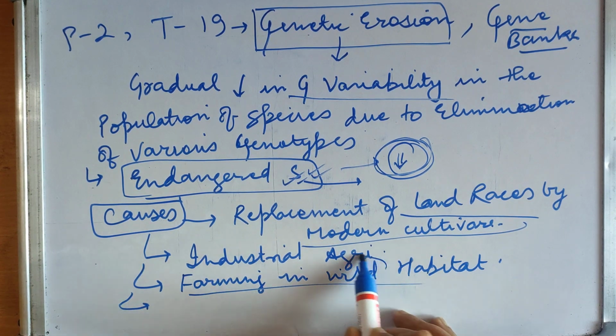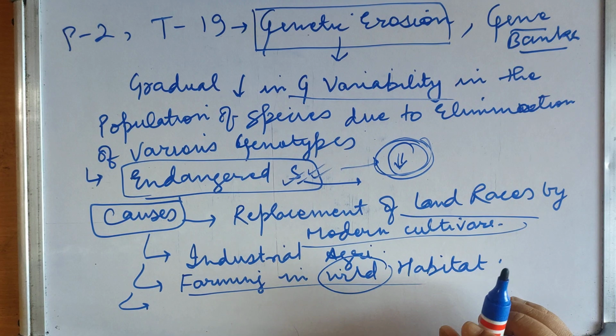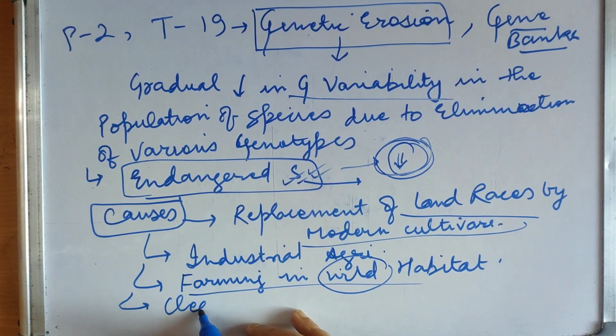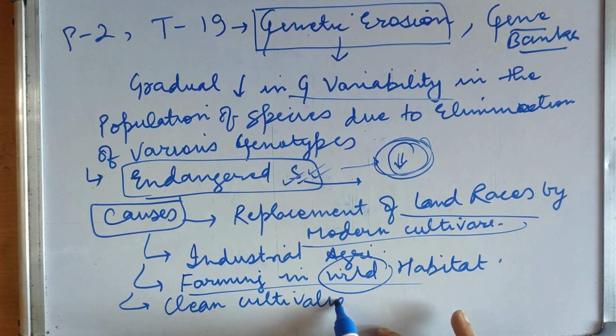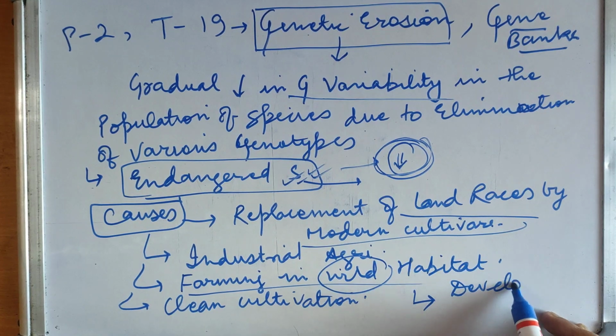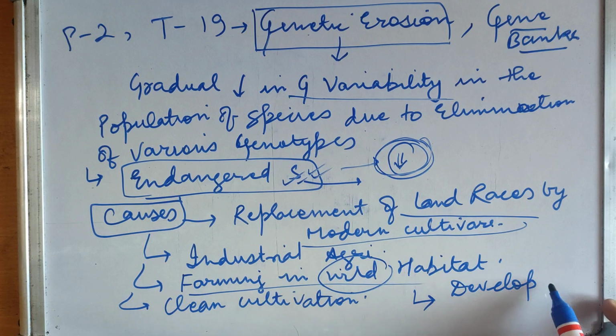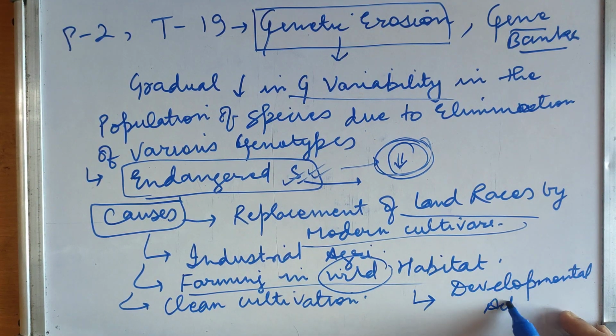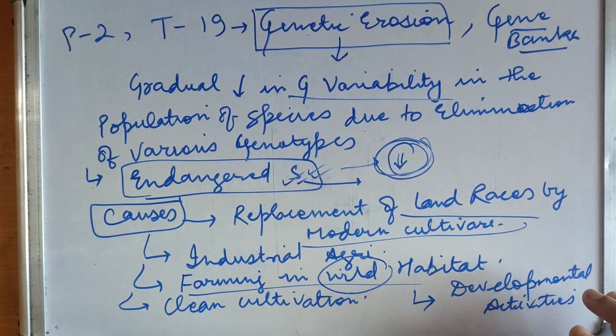We replace the existing wild species. Clean cultivation reduces the chances of mixtures which create variation. Developmental activities lead to destruction of many populations of species. So these things lead to genetic erosion.